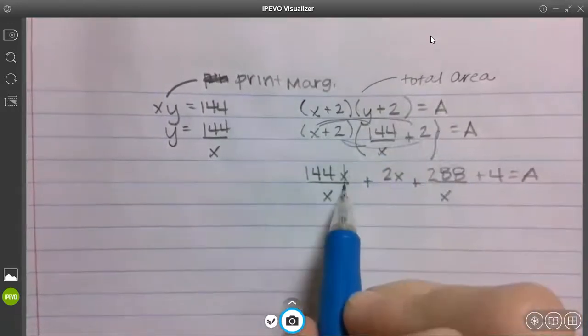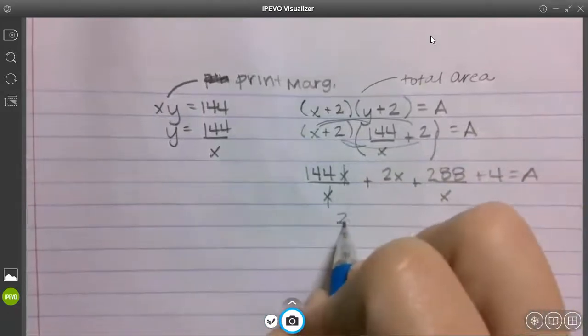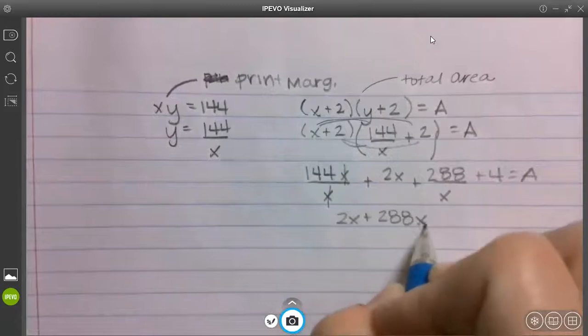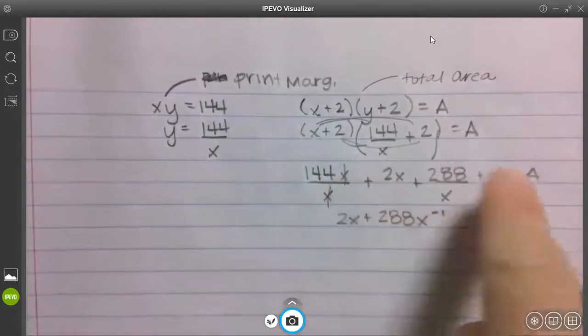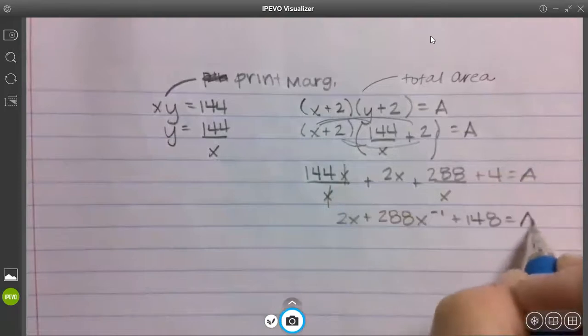Notice that we have an x on the top and the bottom here, so we can cancel it out. And then we can add that to the 4 because they're like terms. So I'm going to go ahead and write this as 288x to the negative 1, and then 144 plus 4 is 148.